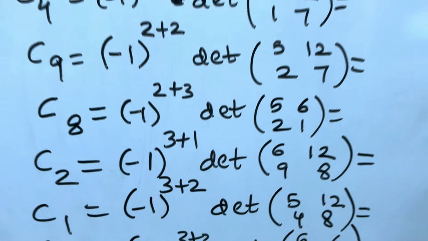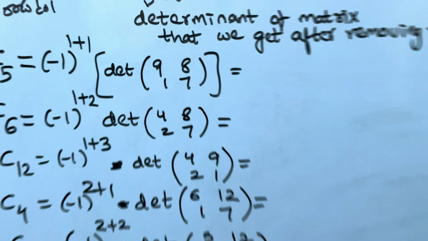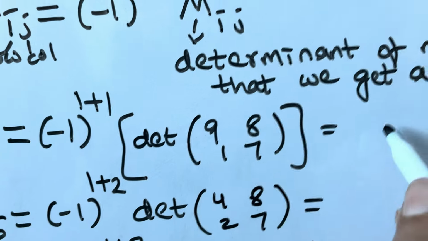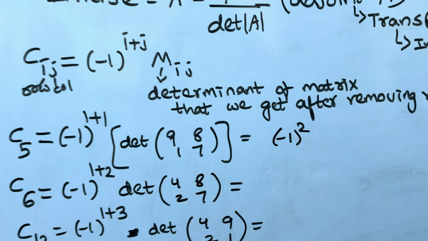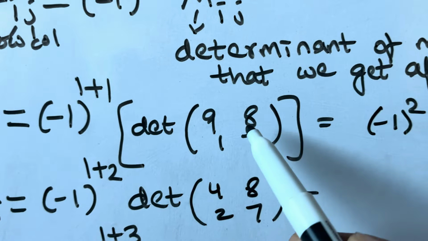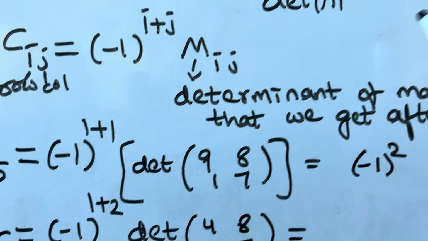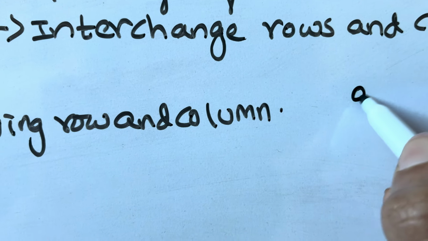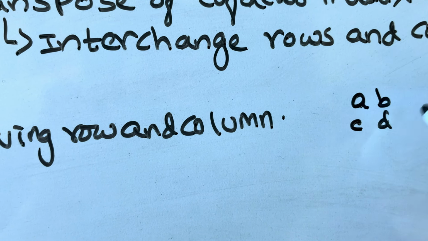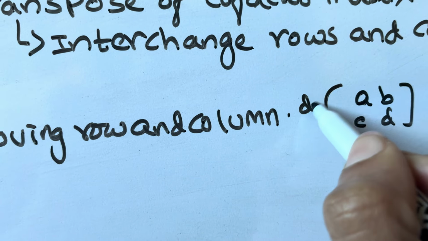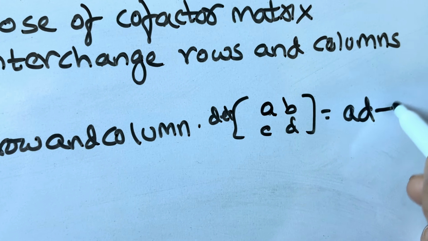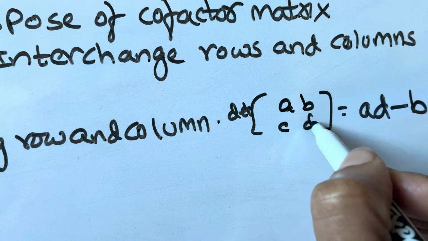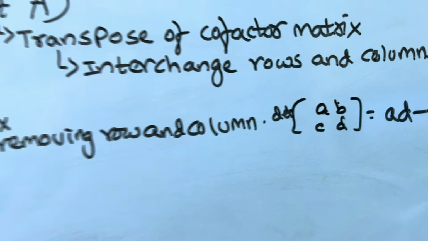So let's find the values for these cofactor matrices here. -1 to the power 2, and the determinant of a standard matrix A, B, C, D is the product of the diagonal elements, AD minus BC, A and D minus B and C. I'm going to write it down here.